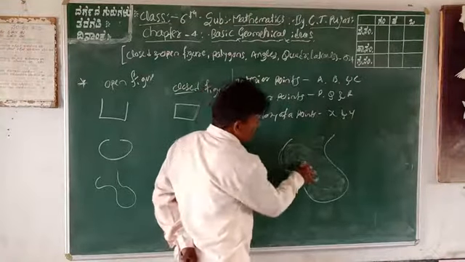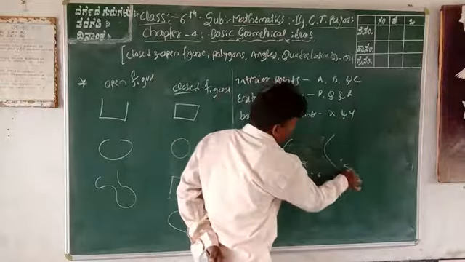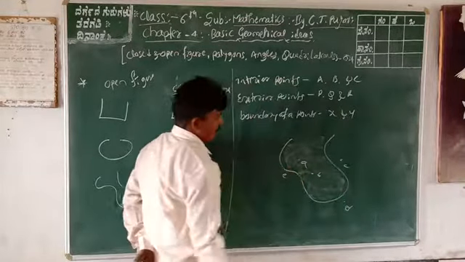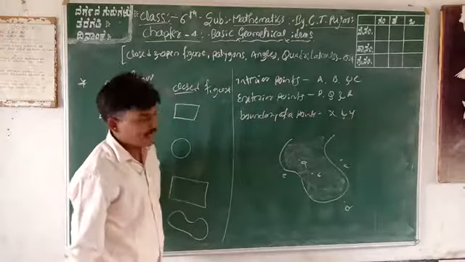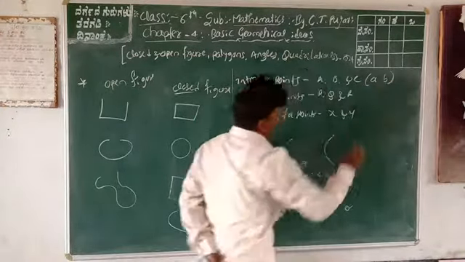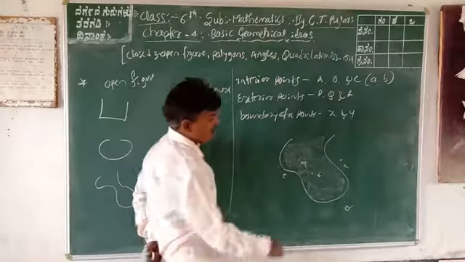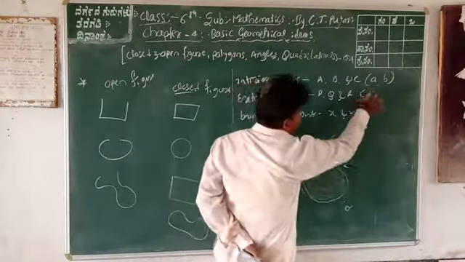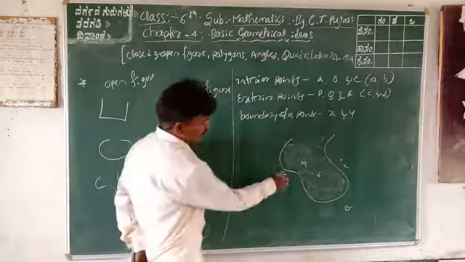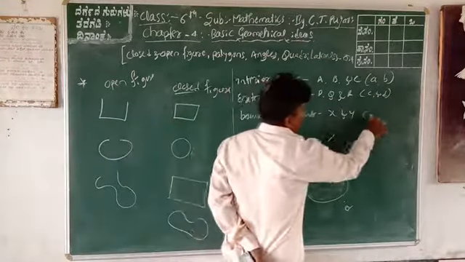Here are A, B, C, D, and also E. What are the interior and exterior points? A and B are interior points. Exterior is what? C and D are exterior points. Boundary points: only E. E is the boundary point.